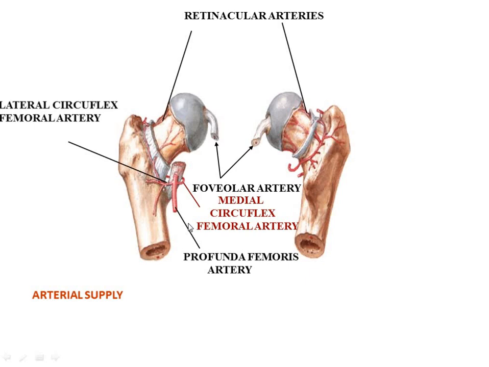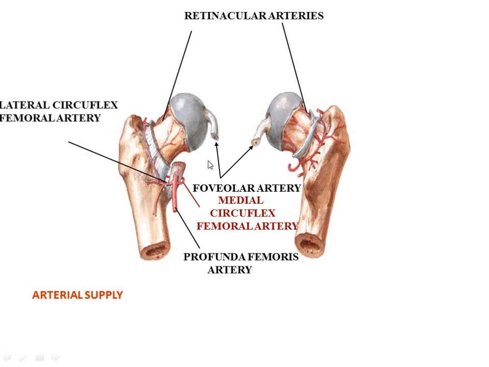The blood supply to the hip joint is going to be derived from the multiple vessels which are present in this region. We already discussed the trochanteric anastomosis, which is formed by the lateral circumflex femoral and medial circumflex femoral arteries and contributed above by the superior and the inferior gluteal arteries.